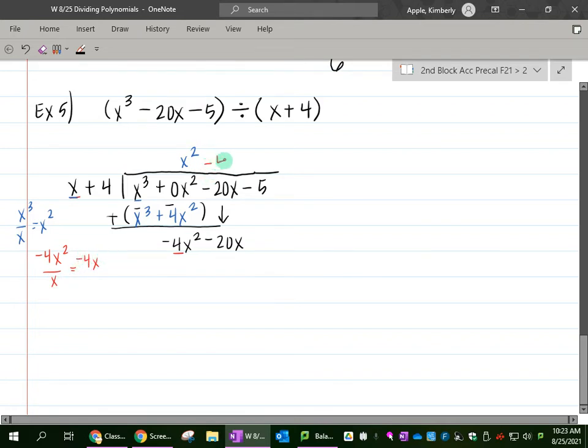So that's exactly what I would expect. That lines up just fine. This will be negative 4x squared minus 16x. Subtract, distribute negative, negative 4x. Now bring this dude down, minus 5.